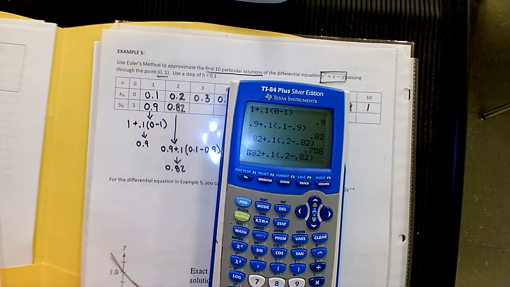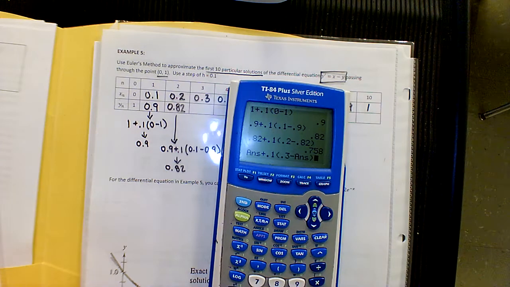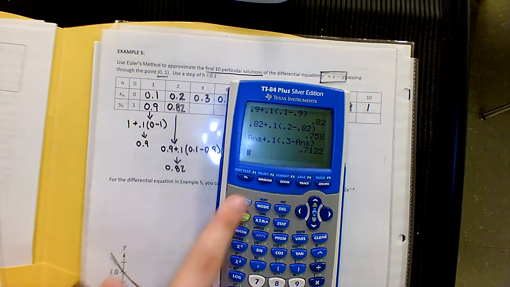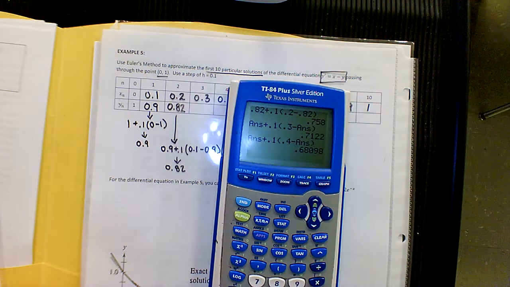Oh, yeah. Okay, that's so easy. Okay, so answer, and then this one would be 0.3, and then answer, delete, delete. Is that what you're saying? You could do that, yep. So then, now that you have the answer stored in there, you can do entry, and then change that to 0.4. There's your answer.